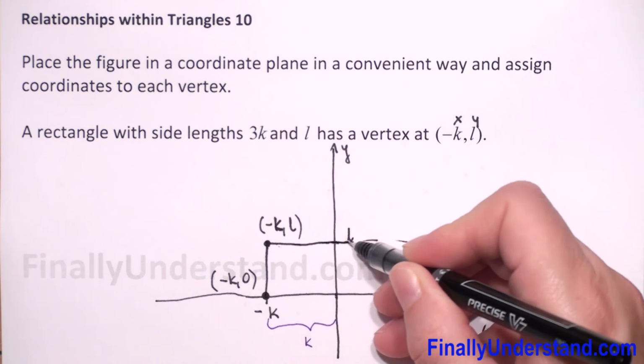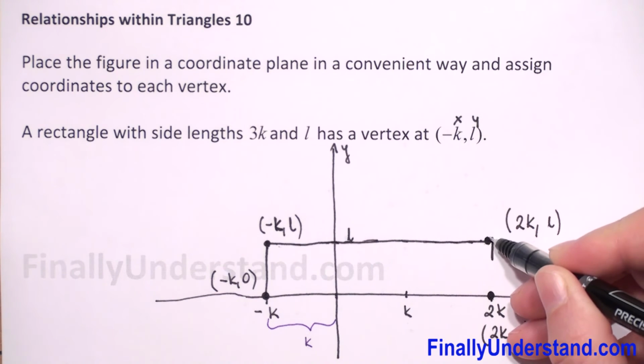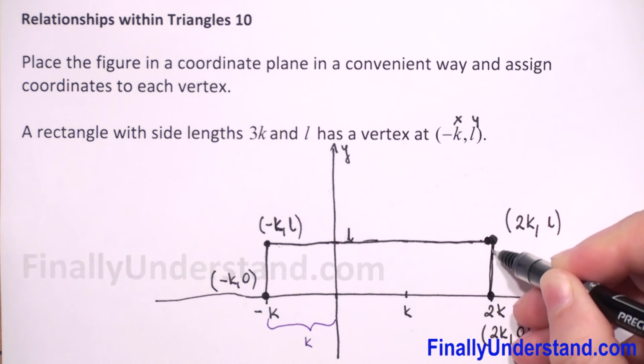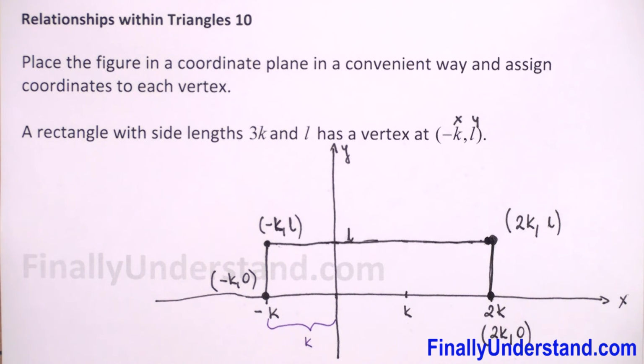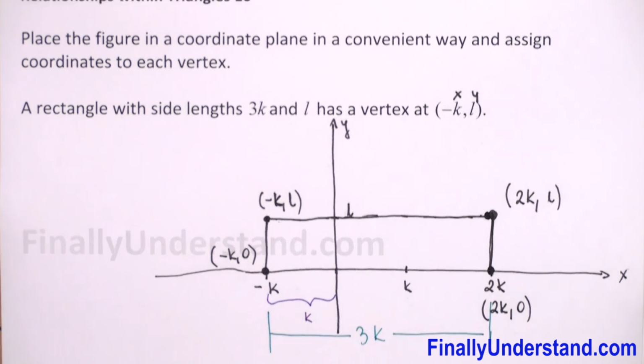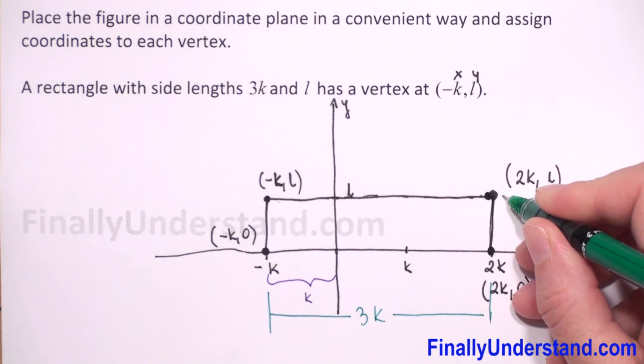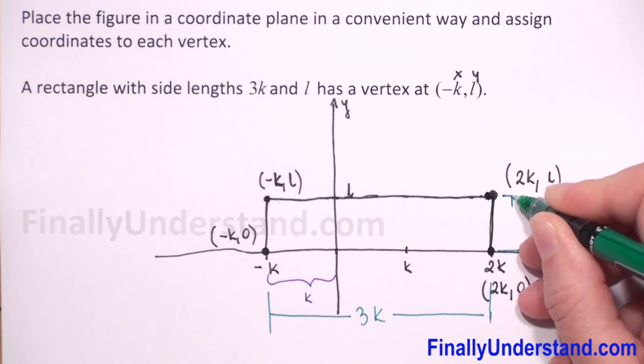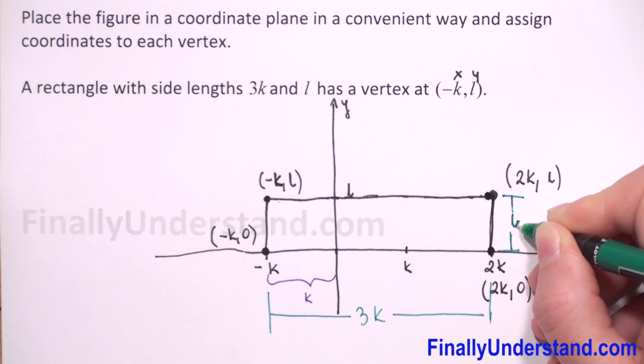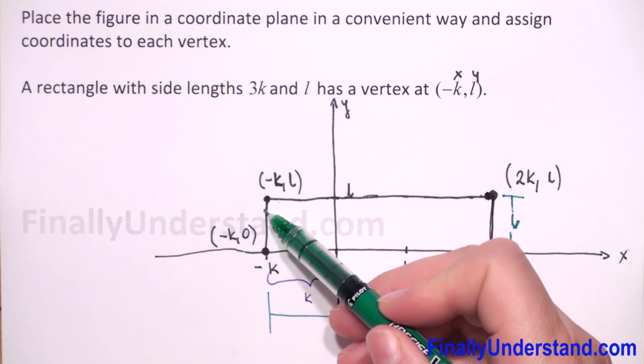We have 4 vertices. Now we can connect them, approximately here. So this is our rectangle. We see that the length of this side is 3k, and the length of this side is L, the same as that side.